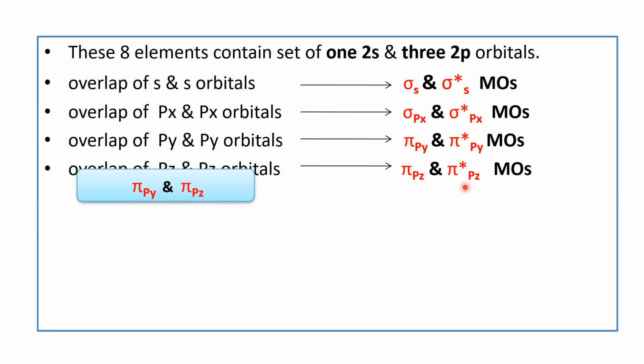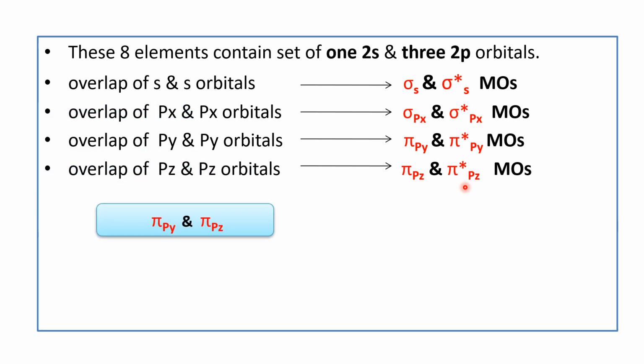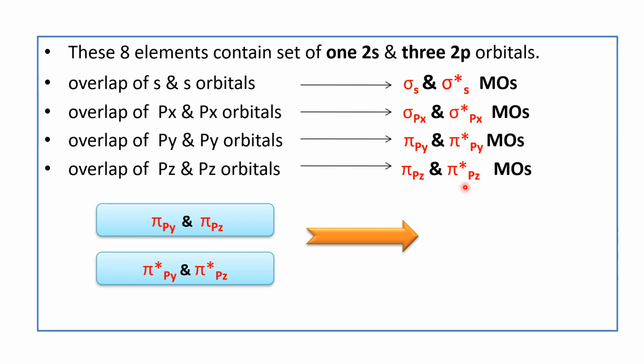So we say that pi py and pi pz, and also pi asterisk py and pi asterisk pz, have the same energy and hence are said to be degenerate. Degenerate means having the same energy. So when we put these molecular orbitals in the MO energy level diagram, they are placed at the equal place.